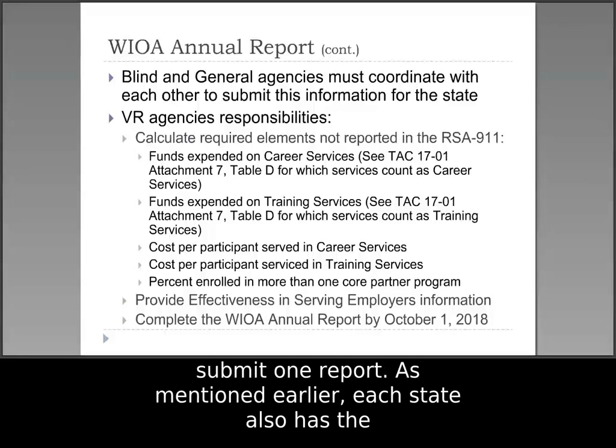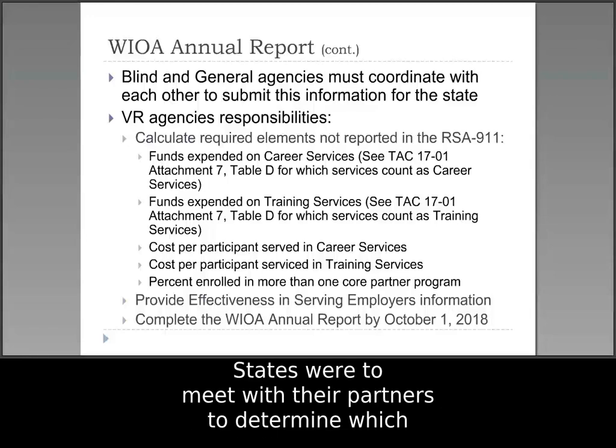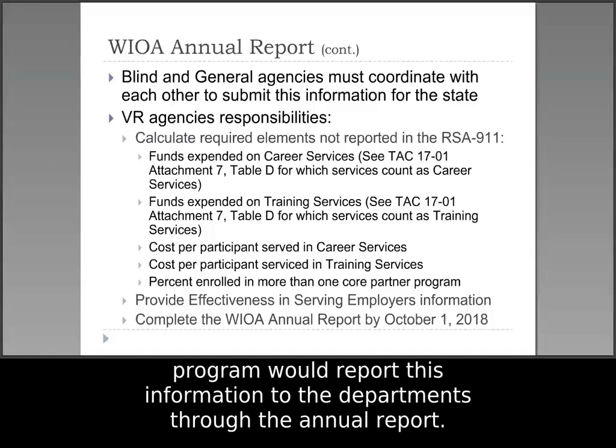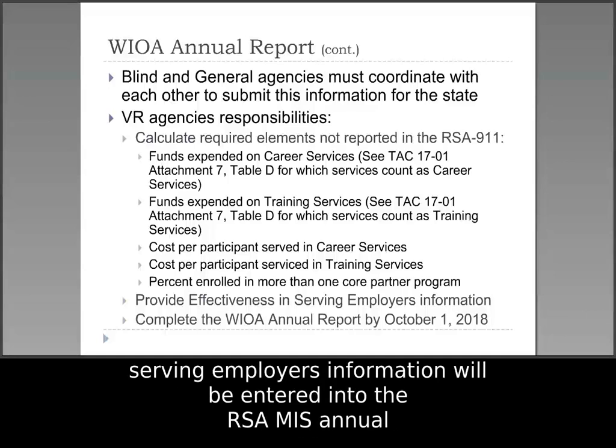As mentioned earlier, each state also has the responsibility to report on effectiveness in serving employers for PY 2017. States were to meet with their partners to determine which program would report this information to the departments through the annual report. If the VR agency was selected, then the effectiveness in serving employers information will be entered into the RSA MIS annual report template.